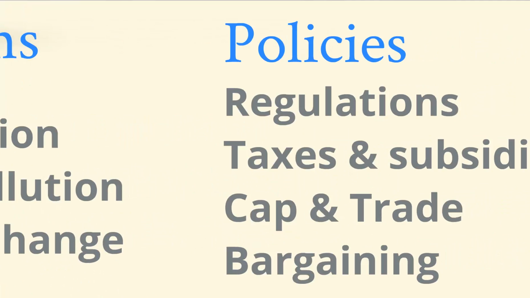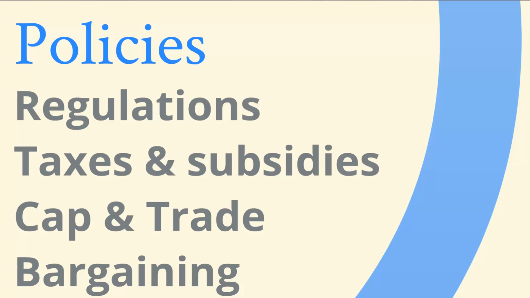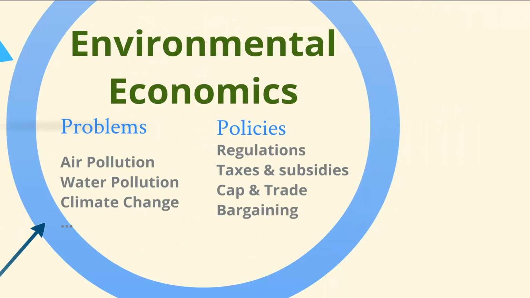There are solutions that economists focus on in terms of how we might resolve these problems. All the way from regulations, tax and subsidies, cap and trade, and bargaining are some of the solutions that economists have proposed and policymakers use to achieve regulation of these environmental problems.